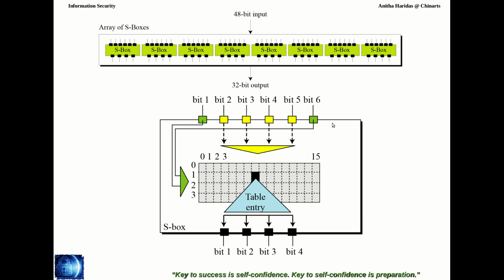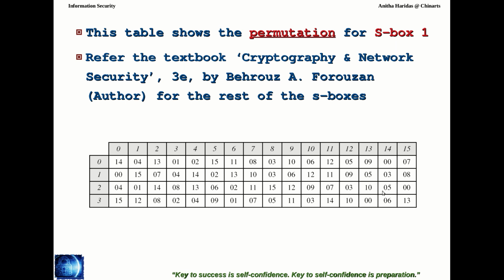Now internally the S box is designed like this. If you observe here, 6 bits are given as the input and 4 bits are coming out as the output, for which the S box uses a table. So this kind of table will be used by the S box.